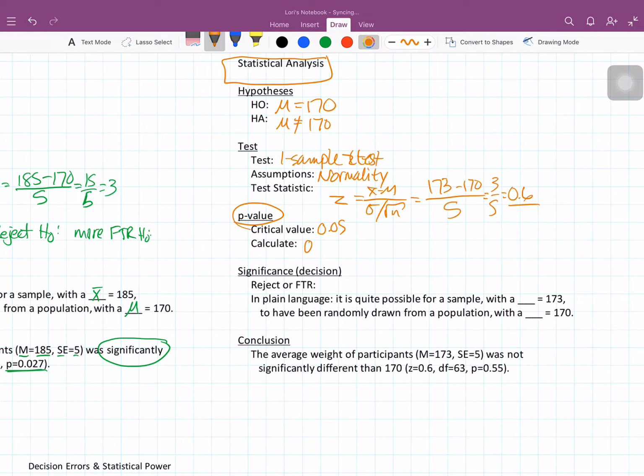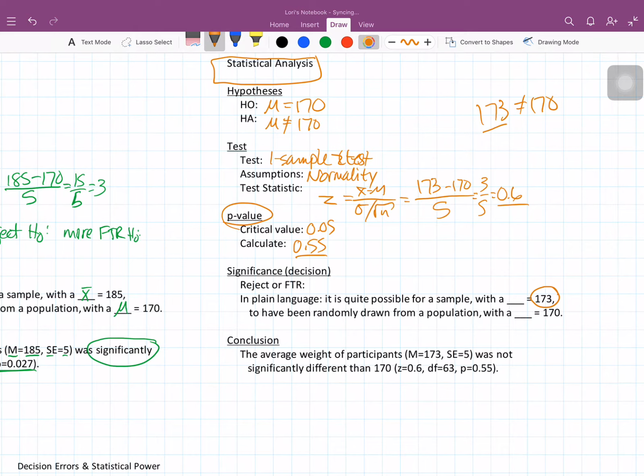Now, 173 does not equal 170. That's not the question that we're asking. We're asking if 173 is statistically significantly different than 170. Not whether it's different, but whether it's statistically significantly different. So in this case, 0.55 is greater than 0.05, and so we fail to reject the null.